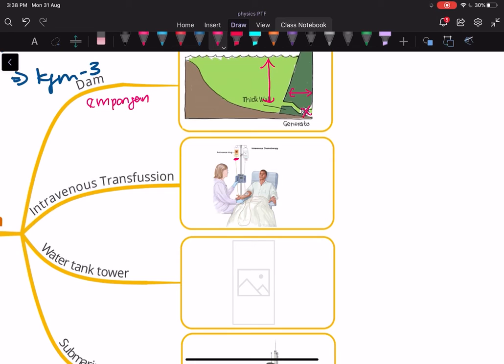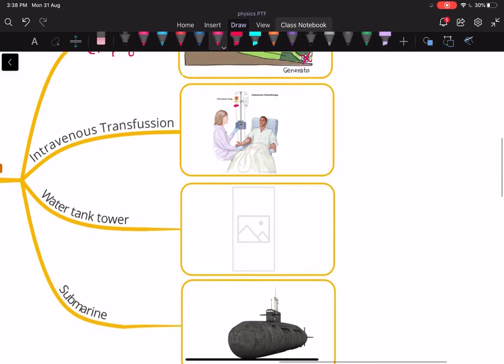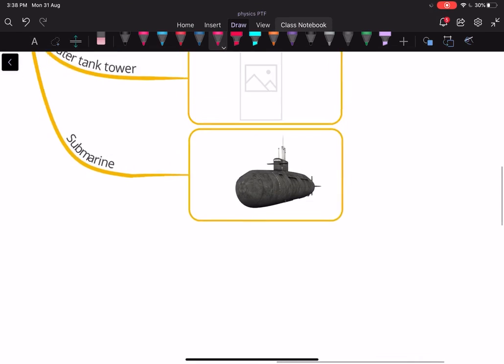Kenapa ke atas? Supaya memastikan cecair itu dapat mengalir masuk ke dalam salur darah pesakit. Sebab tekanan dekat dalam cecair itu, intravenous transfusion has a higher pressure, therefore the liquid able to flow into the body.